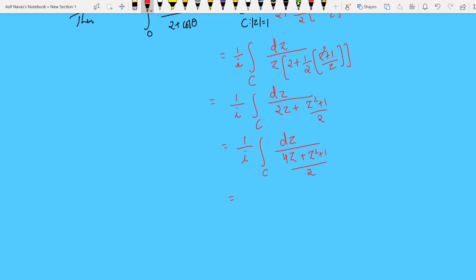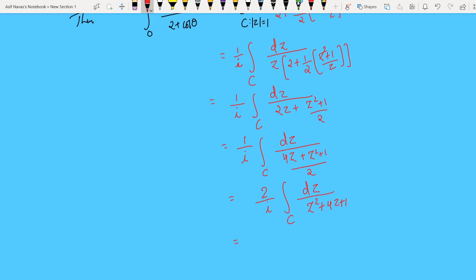Now 2 can be taken outside. That is 2 by i integral over C dz divided by z square plus 4z plus 1.